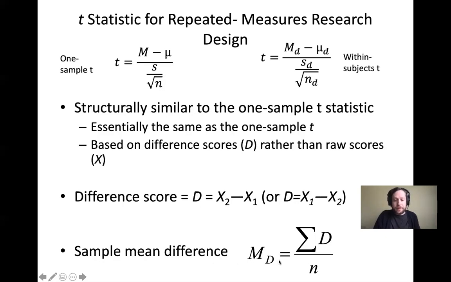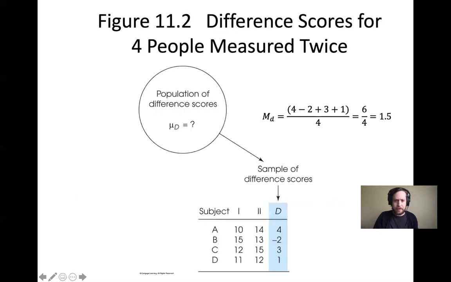The mean of the difference scores, M sub D, is basically adding up all of those difference scores for all of the participants and then dividing by the number of participants there are. So I will give you examples of how to do both of these coming up very soon.